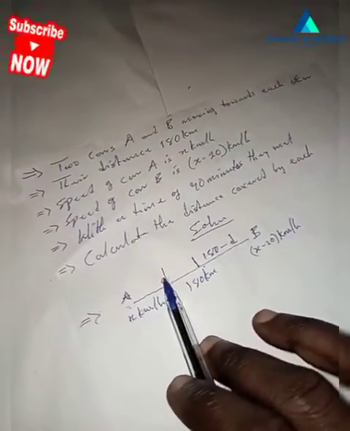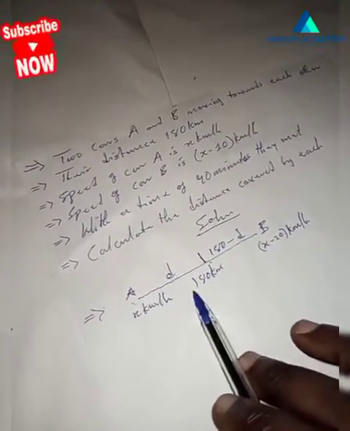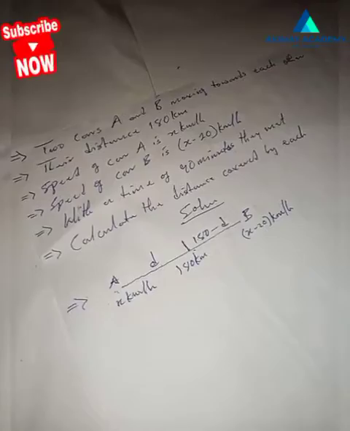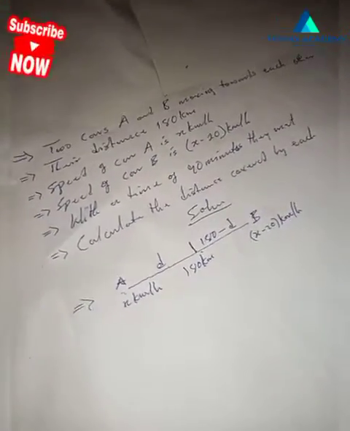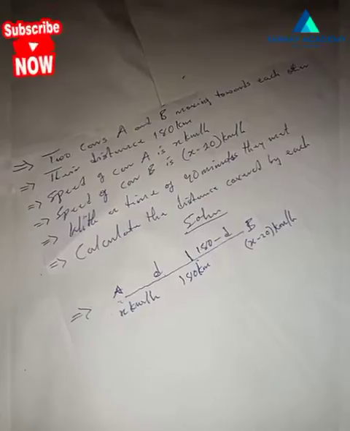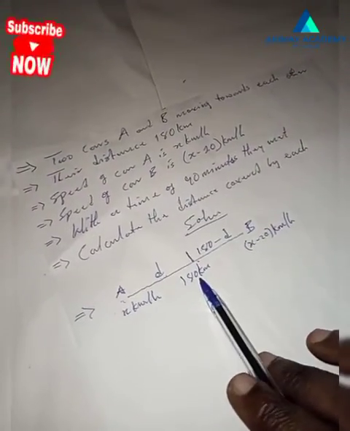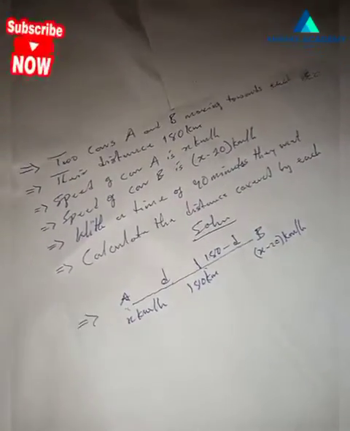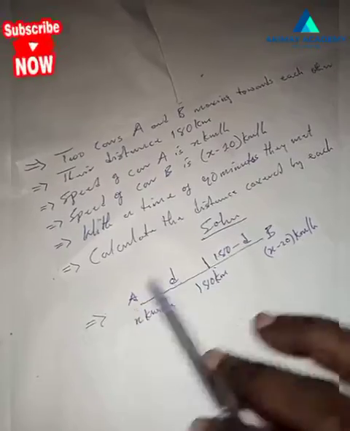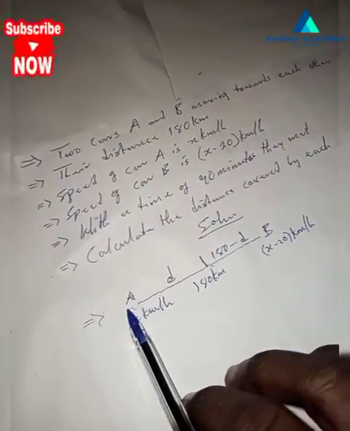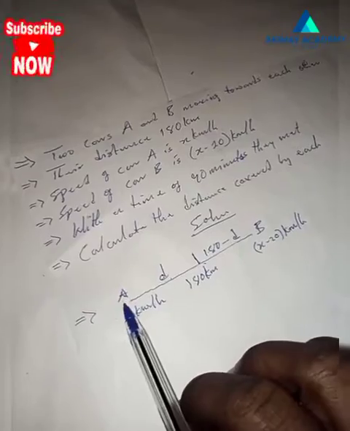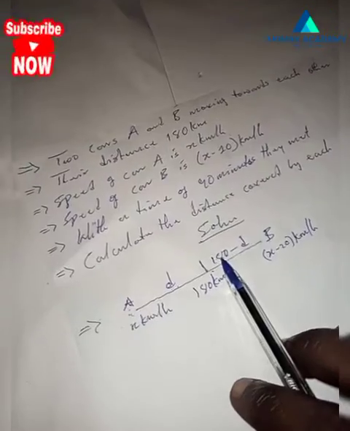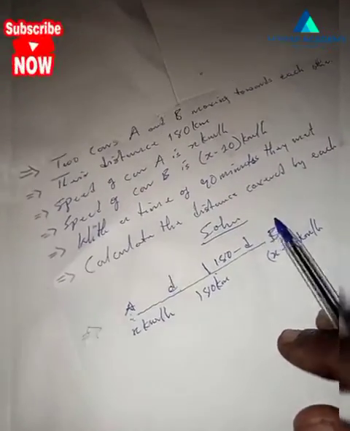When you take D out of the entire length, the remaining distance was covered by B. So let D be the distance covered by car A. Then the distance covered by car B is 180 minus D.